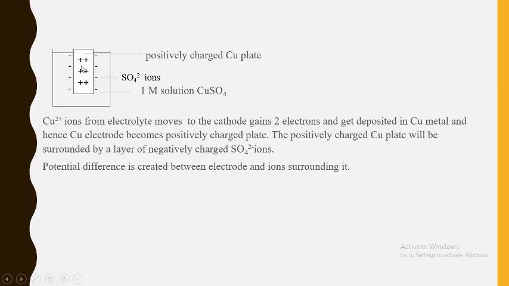As a result they accumulate here, and the copper plate becomes positively charged. This positive charge will be clustered by the negatively charged sulfate ions, and as a result a potential difference is created between the copper electrode and the ions in the solution surrounding it.